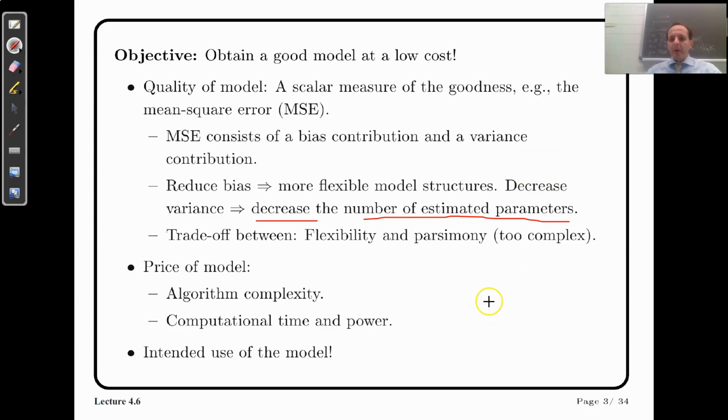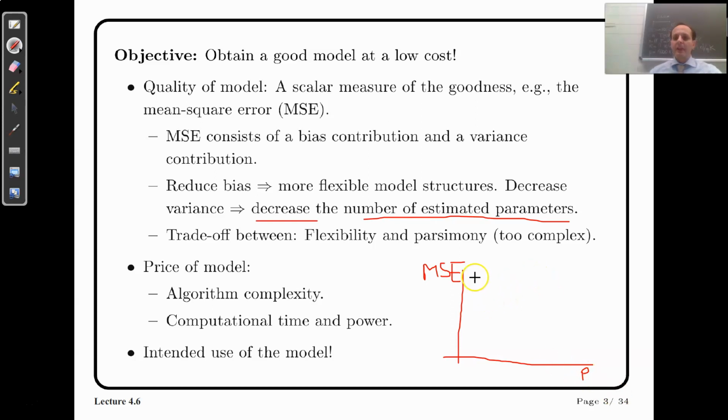So in principle, I will try to sketch this function here, MSE. We will see later this specific kind of cost function, and of course the independent variable represents the number of parameters.